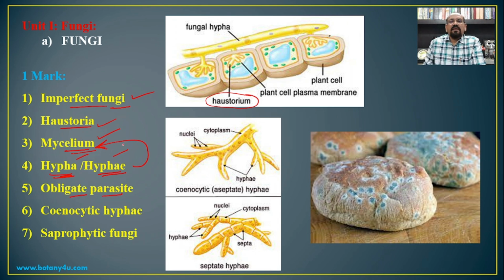Those fungi which can complete their life cycle only on one host are known as obligate parasites. Then cenocytic hyphae. If you see the hyphae of fungi, you will find that in some hyphae there are septa in between the nuclei.